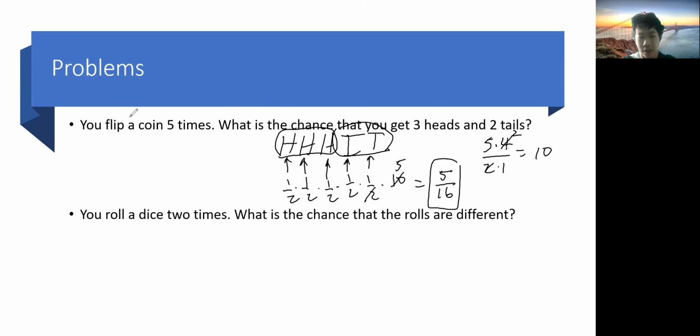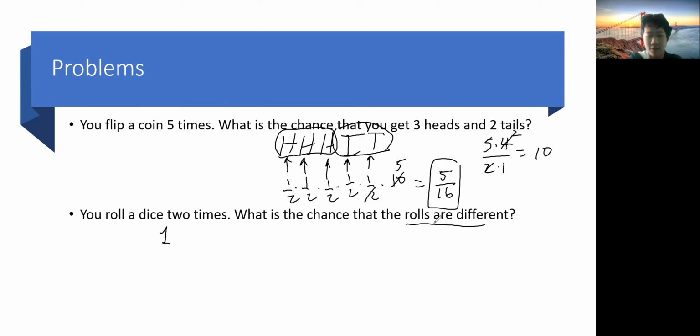The second one: if I roll a die 2 times, what's the chance that the rolls are different? Well, let's just assume I rolled a 1 for the first roll. So what's the chance that the rolls are different, which means the second roll is not a 1? Well, I can have 2, 3, 4, 5, 6, which is 5 choices out of 6.